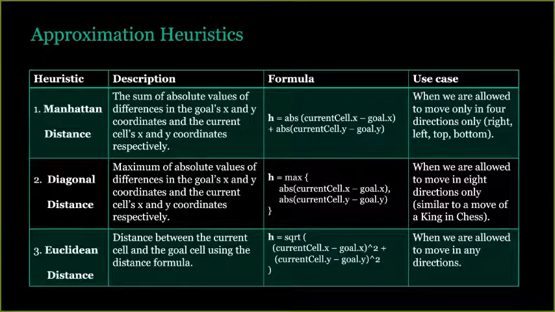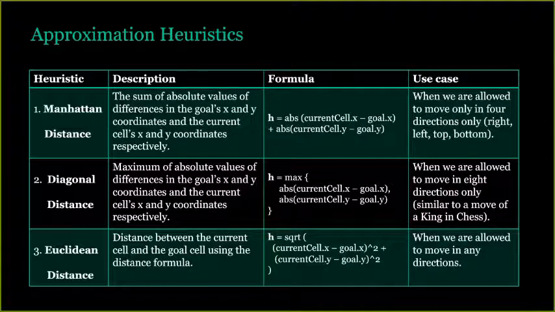So here you have the formula of calculating the H value. And this heuristic can be used when we are allowed to move only in 4 directions. So it's right, left, top, and bottom. You cannot move by diagonal.